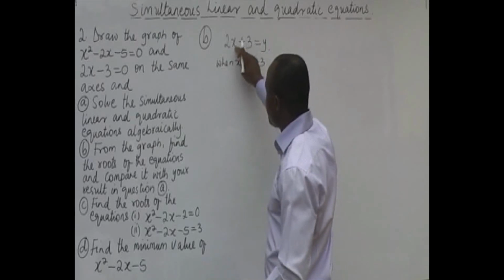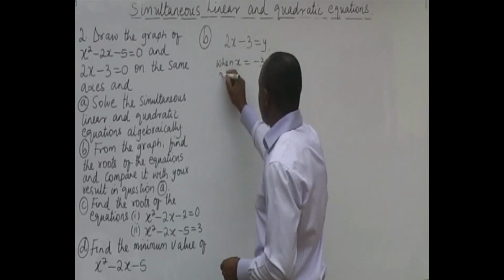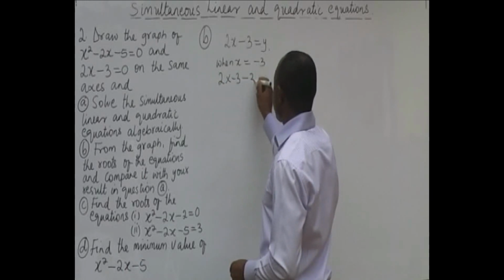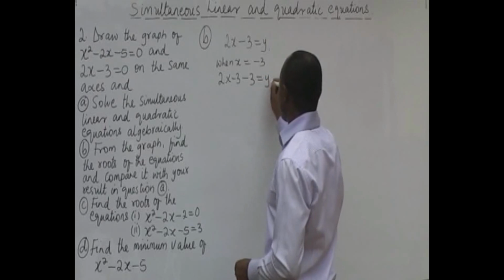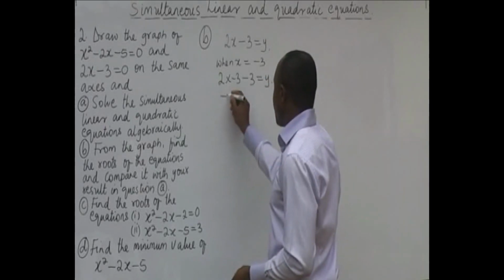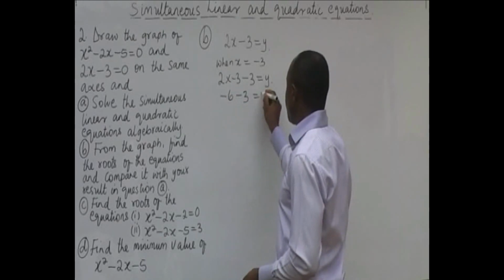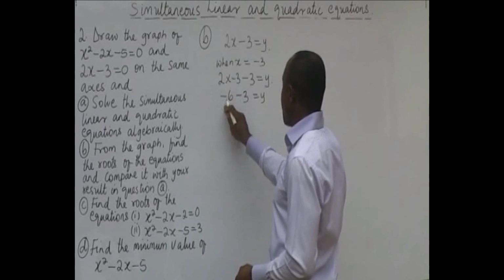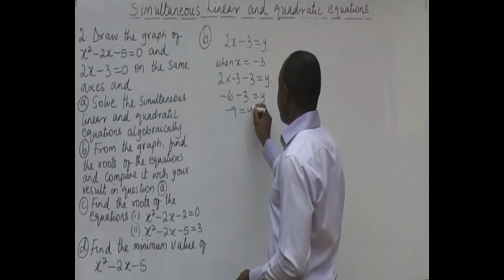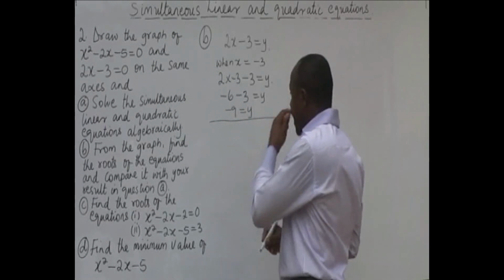Wherever you see x in the equation, replace it with minus 3. So we're going to have 2 times minus 3 minus 3 is equal to y. 2 times minus 3 will give you minus 6. Minus 6 minus 3 is the value of y. Minus 3 minus 6 is minus 9. That means the value of y is minus 9.